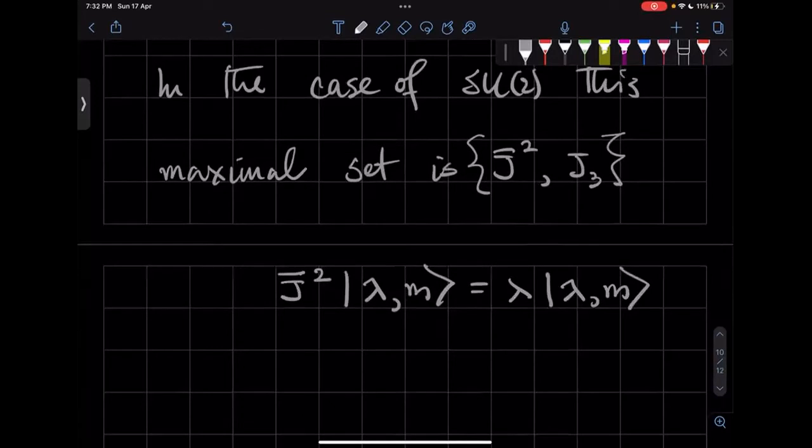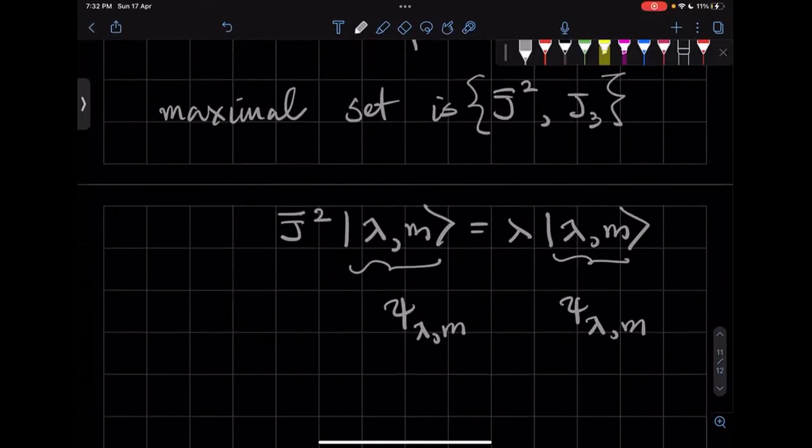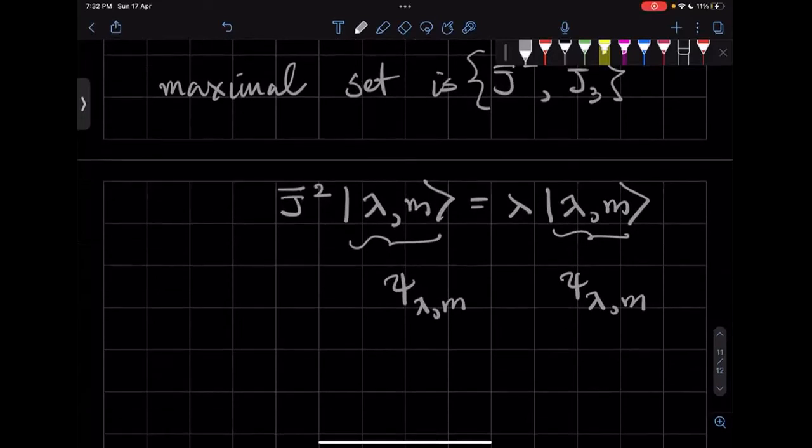I'm going to use this notation from quantum mechanics, but this just means it's a vector. I could have used another notation, but let's just use the Dirac notation. And J3 acting on |lambda, m> is m times |lambda, m>.